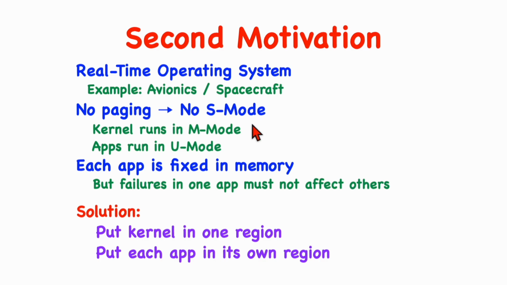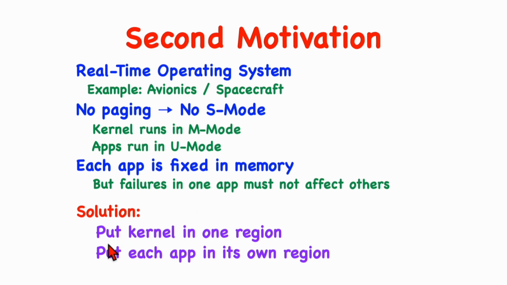Instead, the kernel will run in machine mode, and the application processes would run in user mode. Each application process would be placed in its own fixed region of memory. The key requirement is that processes must be isolated, and any failure or malware in one process must not corrupt the other parts of the system.